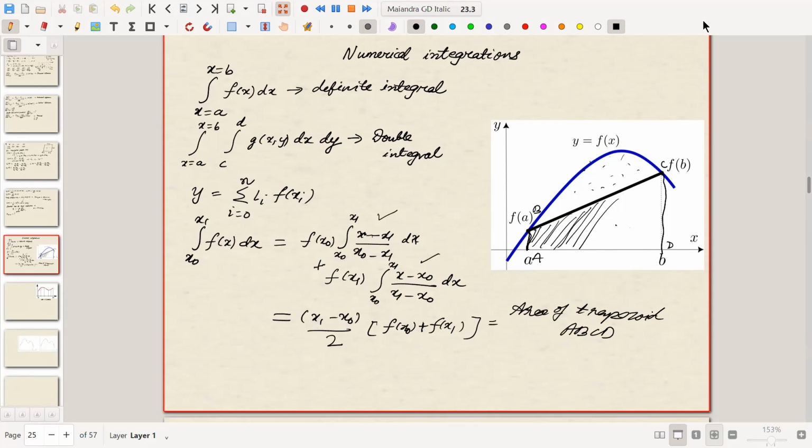But I warn you that this is not a very accurate method, because you can already see these areas creeping in. This is the remaining area which should have been taken into account, but is not taken by this numerical method. Therefore, not an accurate method.